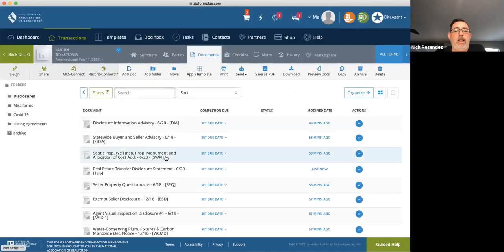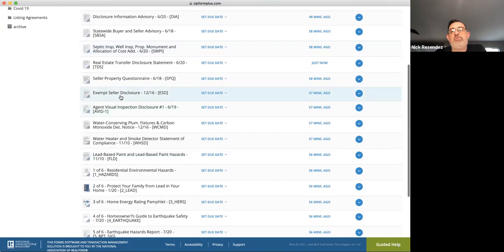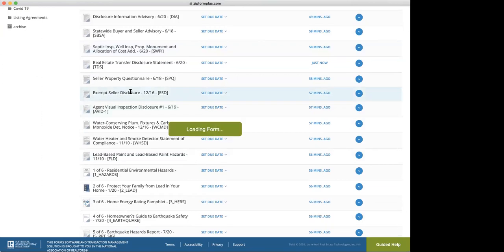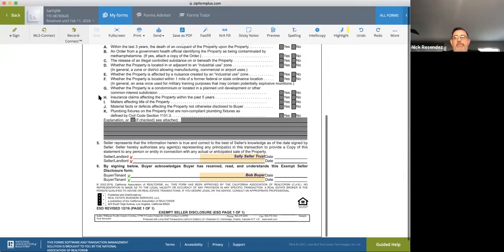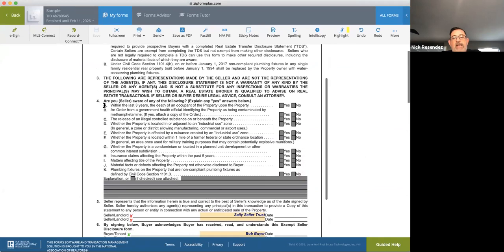let's keep plugging away. The next one, exempt seller disclosure, the ESD. So what is this? Well, if you notice here, the ESD is a 1-pager. And look, paragraph 4 has all the questions that we just looked at, the same exact questions.